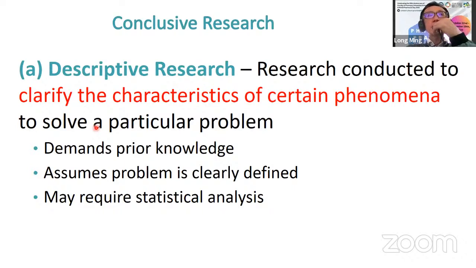In conclusive research, there are several types. First one is descriptive research. Descriptive research is conducted to clarify the characteristics of certain phenomena. This one demands prior knowledge, which means you have already conducted other studies before, or there is secondary data to support your problem statement, and it may require statistical analysis.